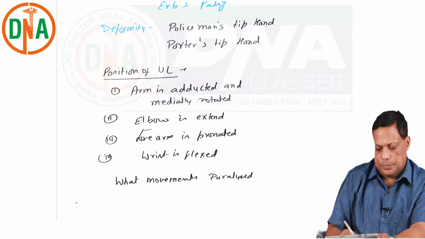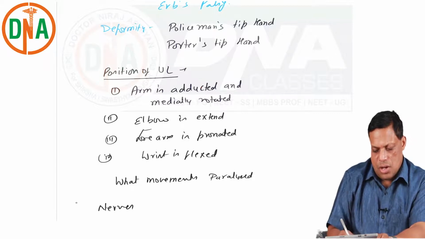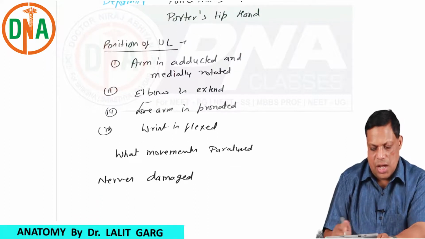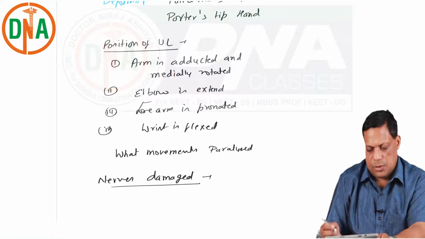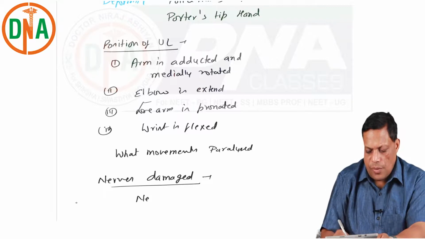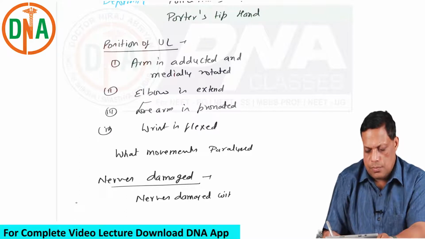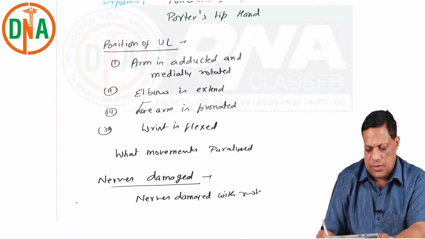What nerves are damaged in Erb's palsy? Nerves damaged with root value C5, C6.